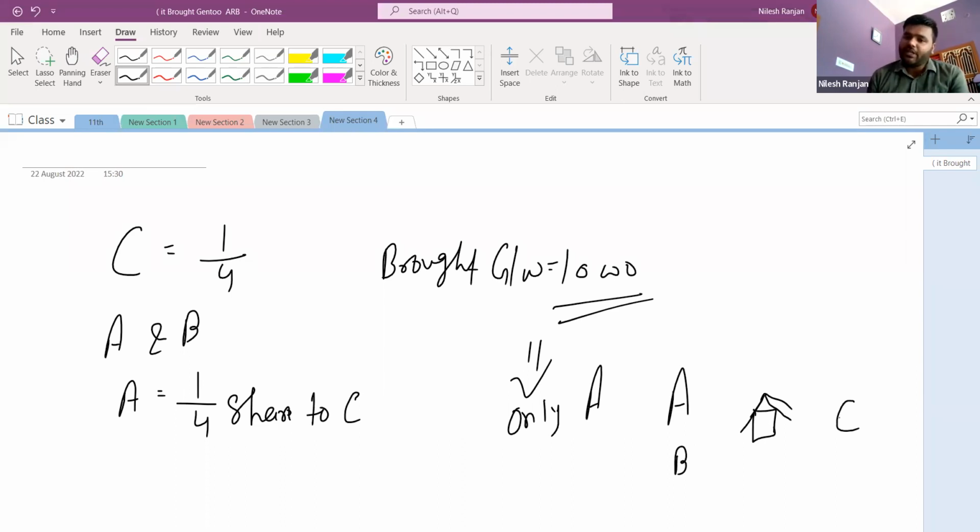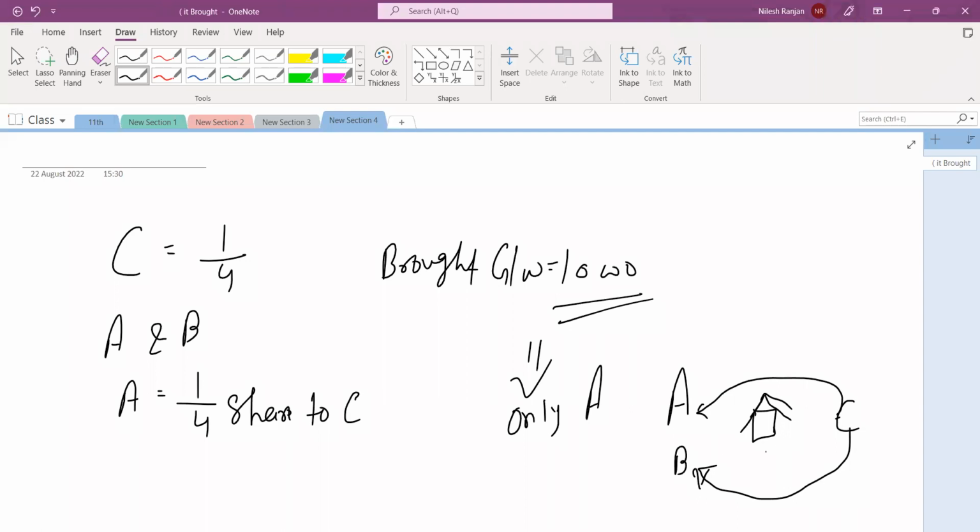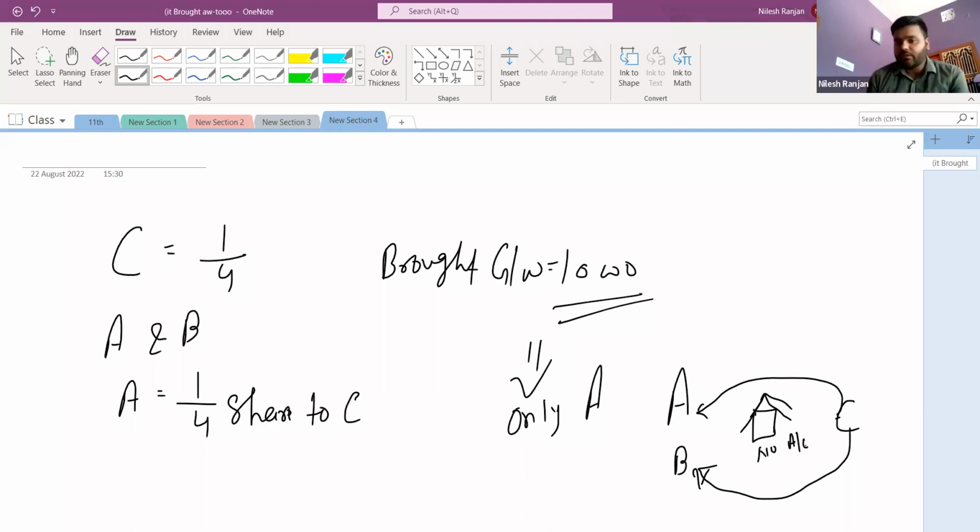If C brings goodwill to firm and then pays A and B, then it will be accounted. But C is giving directly to A and directly to B. So you can see firm is not involved in this transaction. It's private, so no accounting.